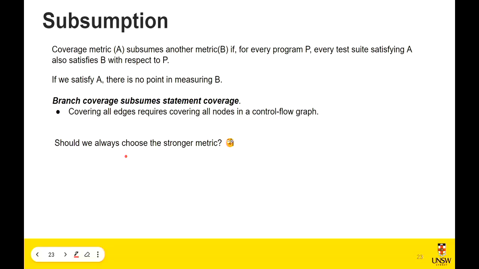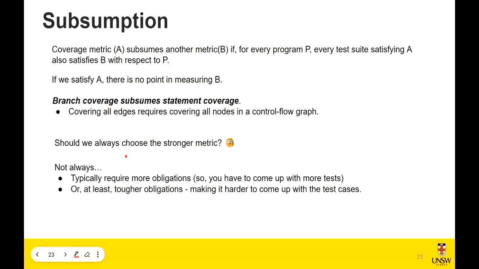But here comes the question, should we always use the stronger metric? Actually, we shouldn't. We have faced similar problems when we do black box testing. We have stronger test case designing strategies, and we have weaker ones, but we don't always use the stronger ones because we have budgets, because we have to fulfill some time or manpower budget.